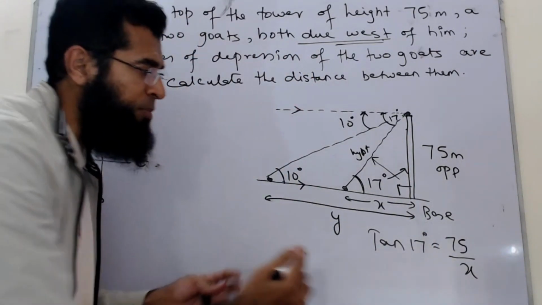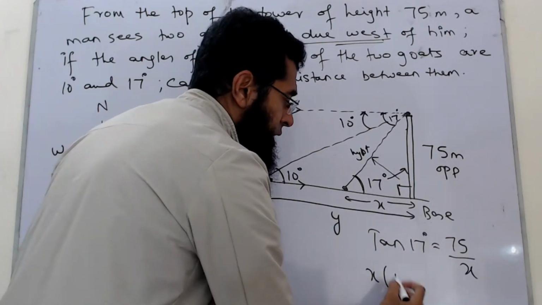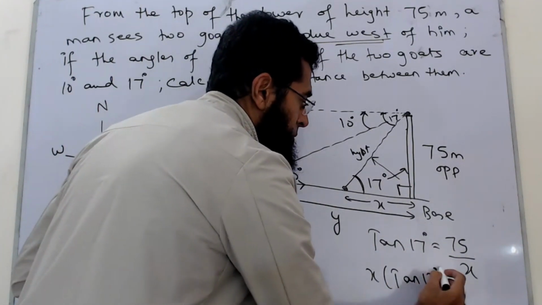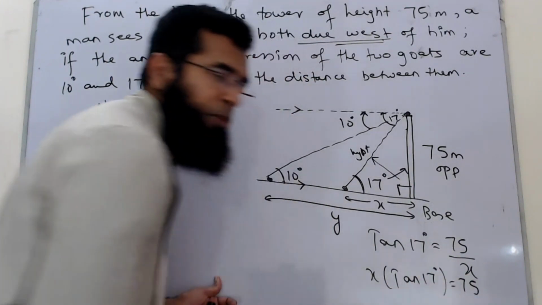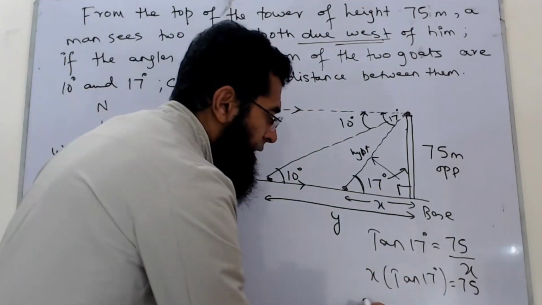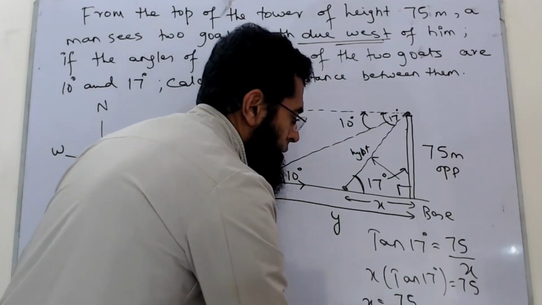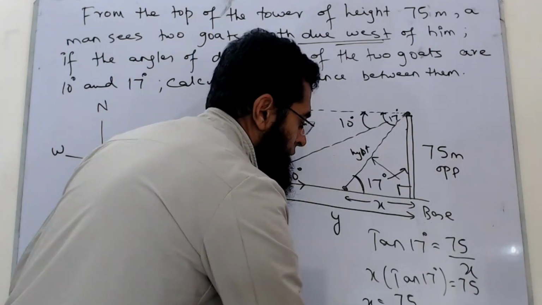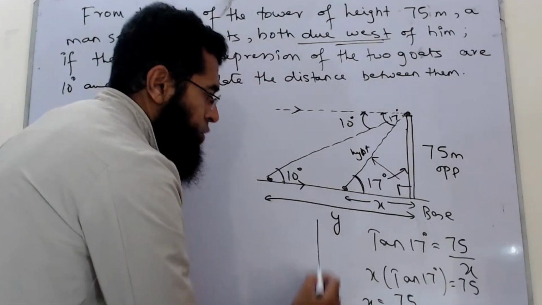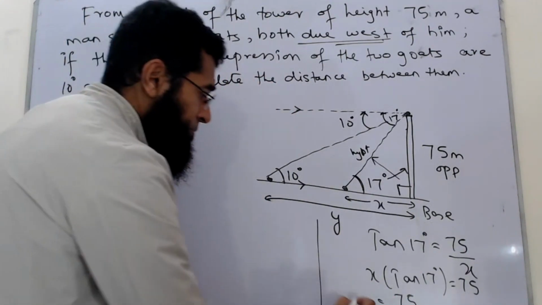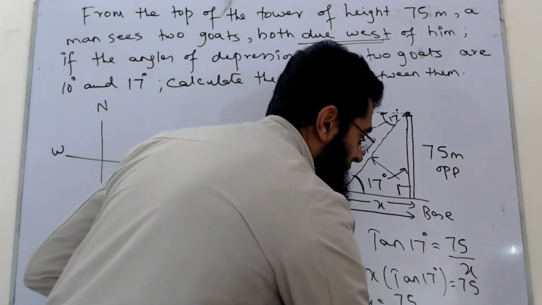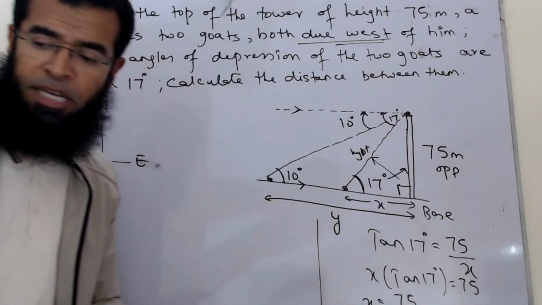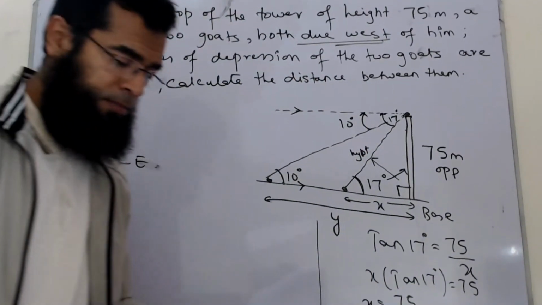So beta, just cross multiply this. अब हम solve कर लेते हैं. We've already done this many times now. This should not be a problem. ये तो जाके divide हो जाएगा. Tan 17 degrees. So the answer will be, let's take the calculator.